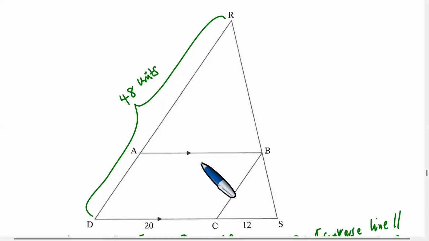Right, so if you look at these now, the ratio of AD to AB.